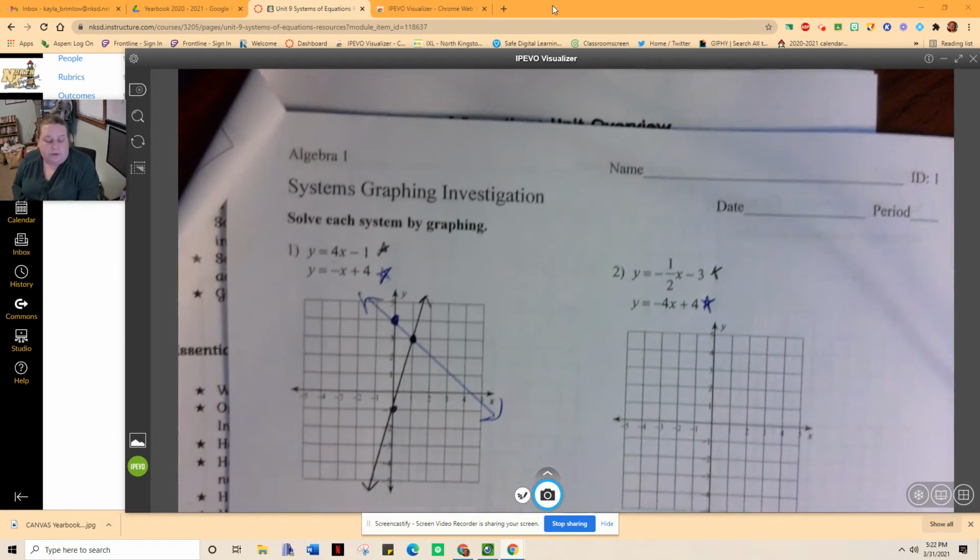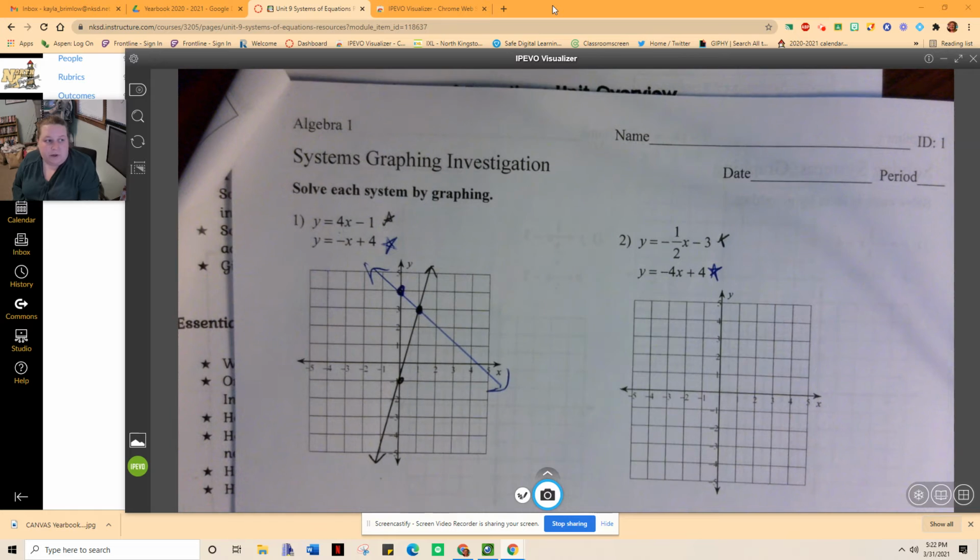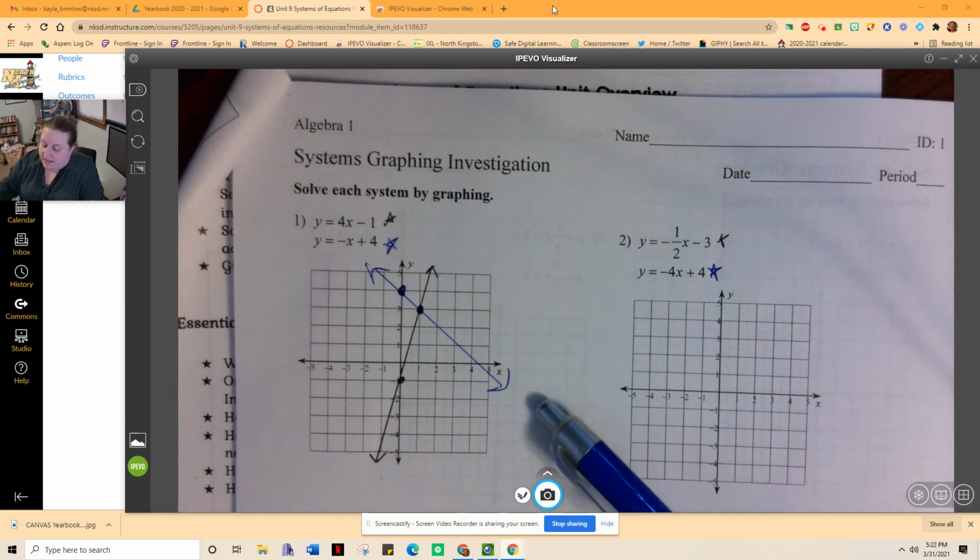Okay. So I want to pause and go back to the directions for a second. And it says solve each system by graphing. So we know how to graph, and we can see they have 2 equations for each problem. So what do they mean by solve? What am I looking for here? So let's talk about what we see. I have one function that has a positive slope, one that has a negative slope, okay?